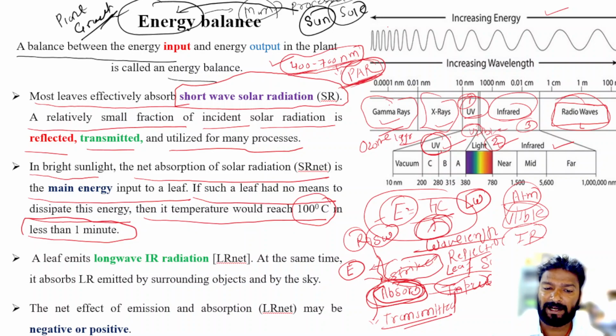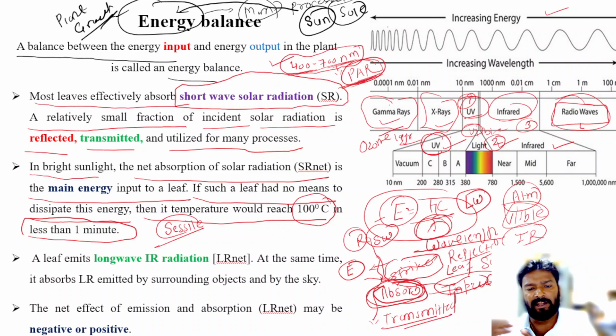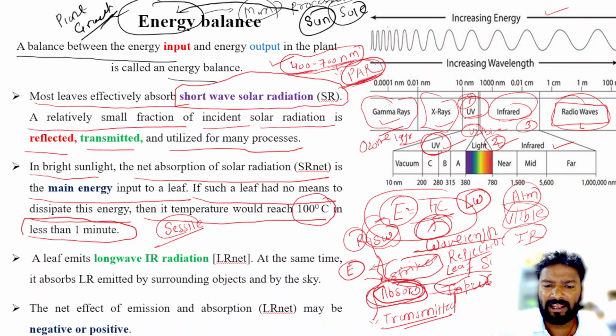So friends, you know that plants are sessile in nature. They cannot move from one place to another, and there is very high energy in the form of short wave radiation and long wave radiation in the form of heat. If there were no mechanism to dissipate this energy, the temperature could increase to 100 degrees centigrade within 1 minute, and it could kill the plant.